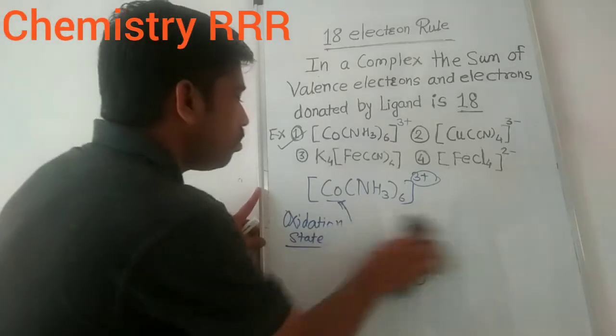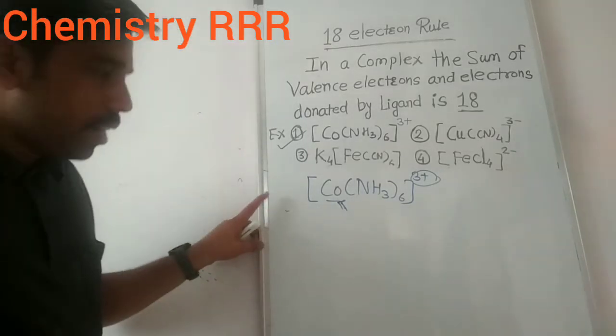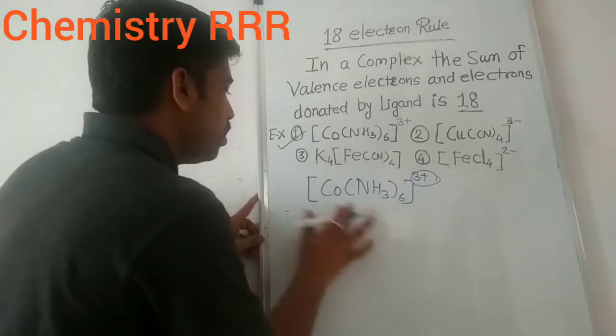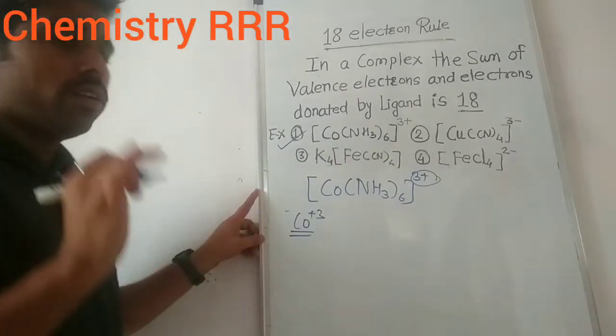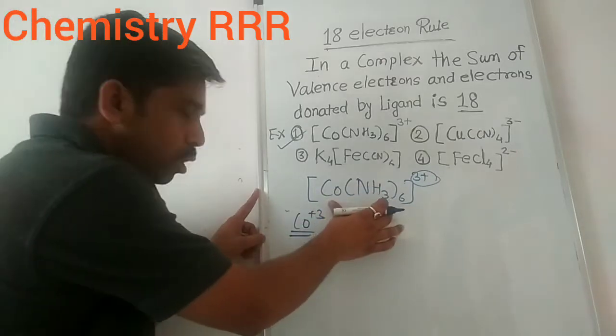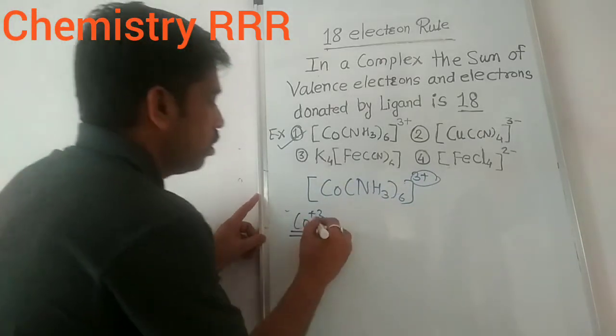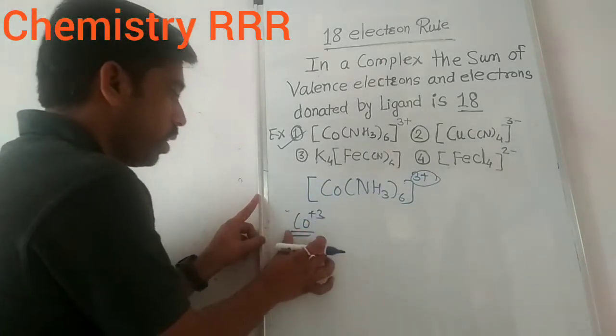Now we get the oxidation state of cobalt as plus 3, or cobalt loses 3 electrons during the formation of this complex. Cobalt is present in the +3 oxidation state.